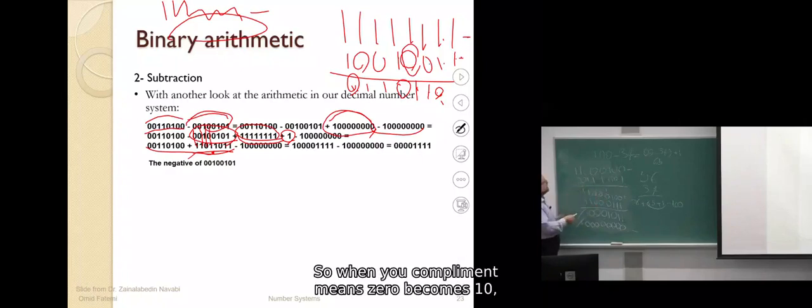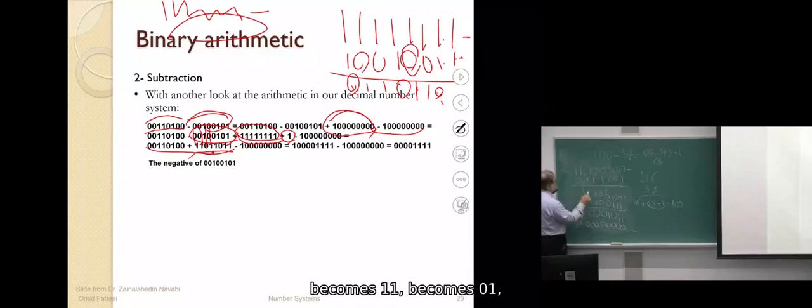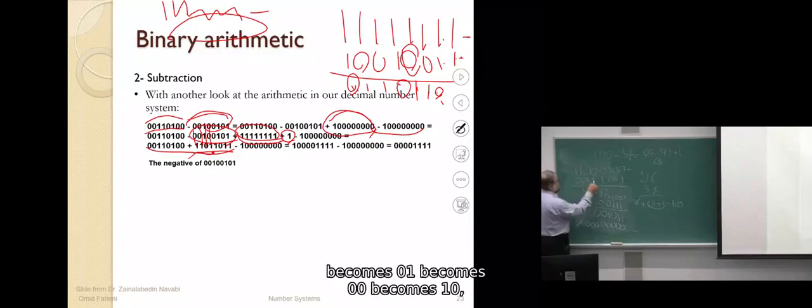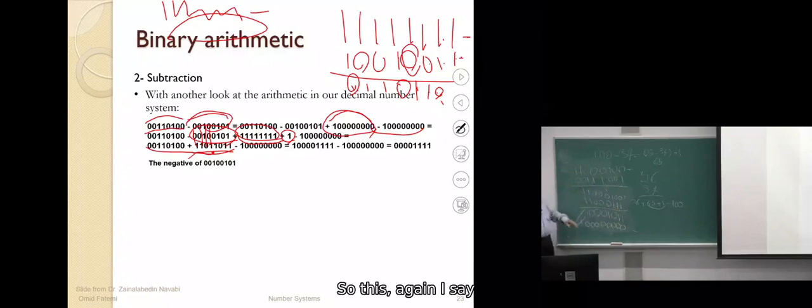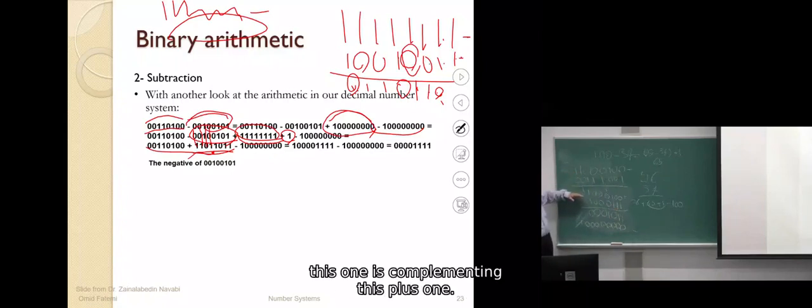So when you complement, it means 0 becomes 1, 0 becomes 1, 1 becomes 0, 1 becomes 0, 1 becomes 0, 0 becomes 1, 0 becomes 1, 1 becomes 0. And then plus 1. And then you plus 1 here. Okay? Again I say, this one is complementing this plus 1.